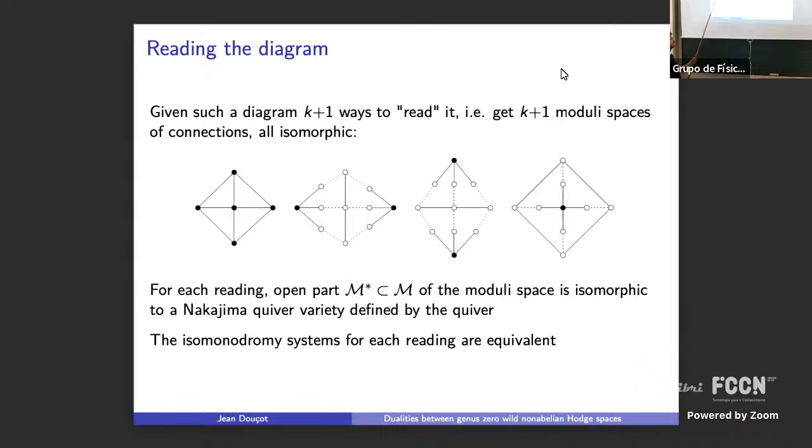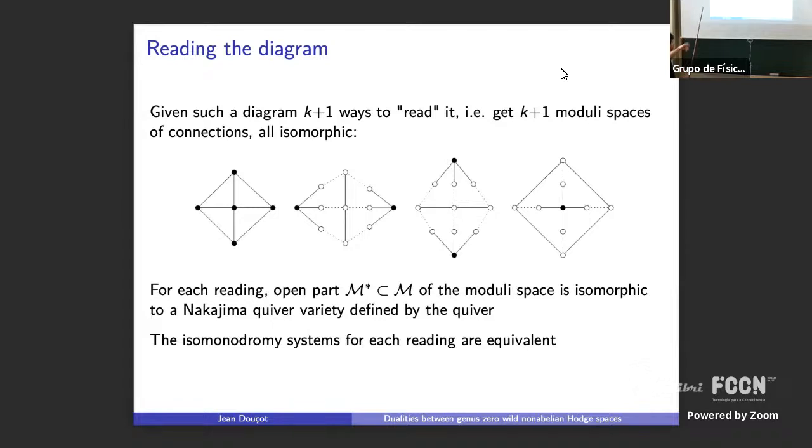Actually, in this case we have better: there is an open dense part of the moduli space, corresponding to restricting to connections on the trivial bundle over P1, which is exactly isomorphic to a Nakajima quiver variety, defined by the quiver plus some extra data that I didn't mention.